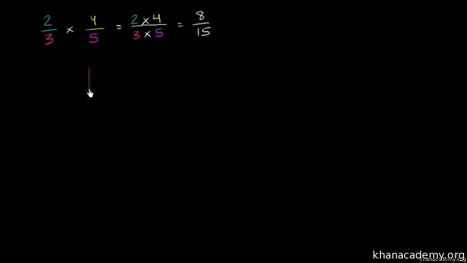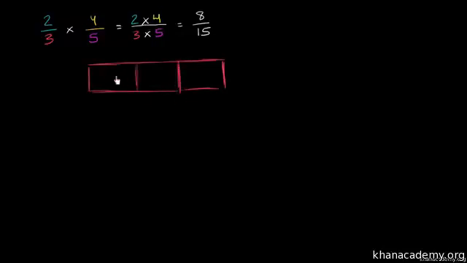I'll draw it relatively big. So I'm going to draw 2/3, and I'm going to take 4/5 of it. So this is 1/3, and then this would be 2/3, which I could do a little bit better job making those equal, or at least closer to looking equal.